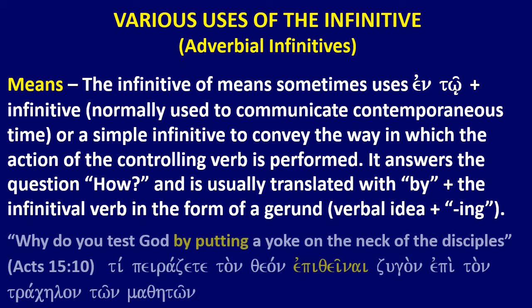And here's an example of this from Acts 15, verse 10. Why do you test God by putting a yoke on the neck of the disciples? And you can see here in Acts 15:10 that we have the aorist active infinitive epitheni, which is from the verb epitithemi, to put or to place, or I put or place.